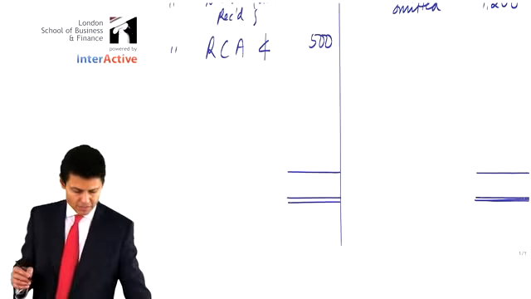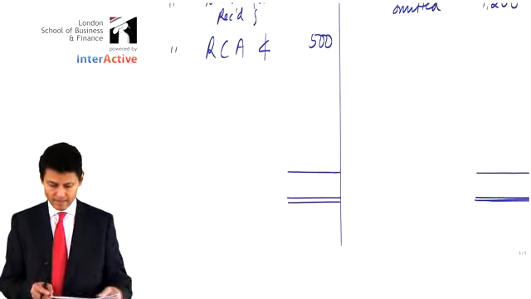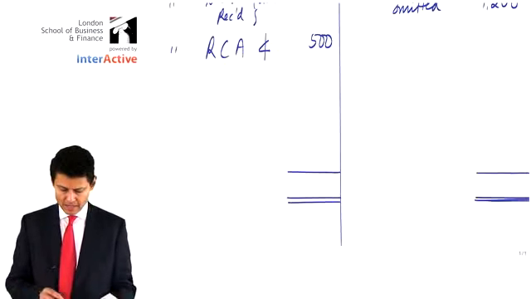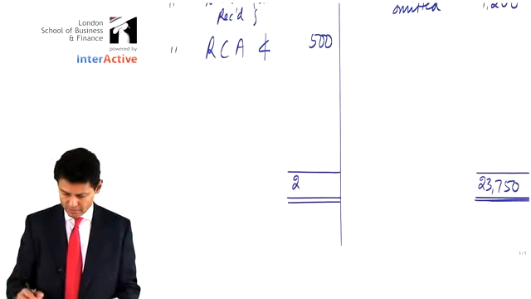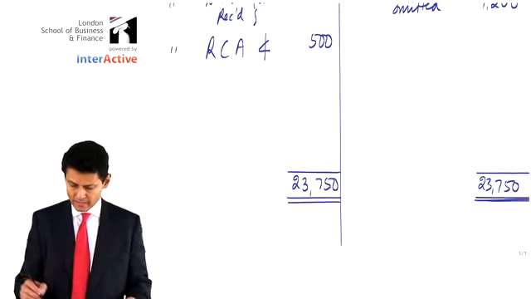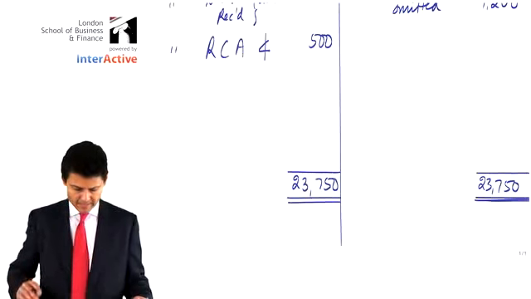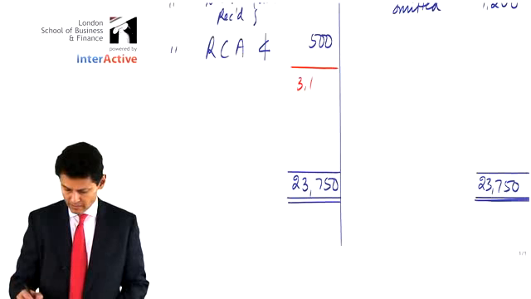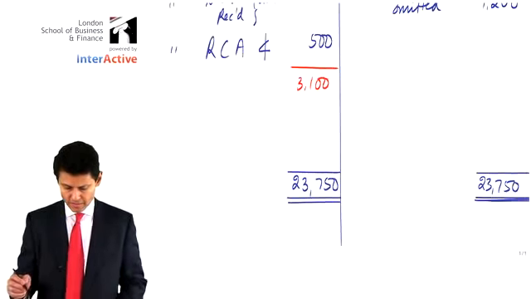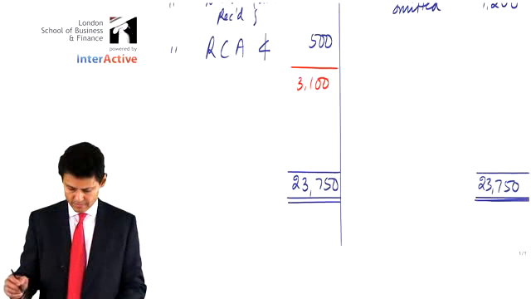The credit side looks comfortably heavier at 23,750, which I'm then going to put on to the lighter side. Meanwhile, the lighter side stands at 3,100. So I'll do that in pencil, so to speak, 3,100.